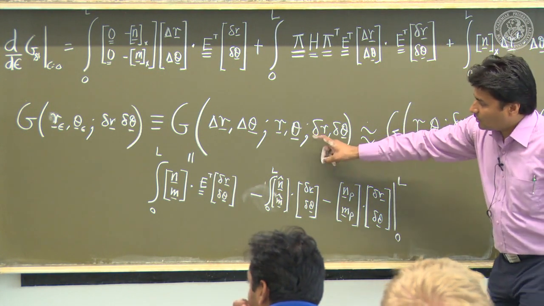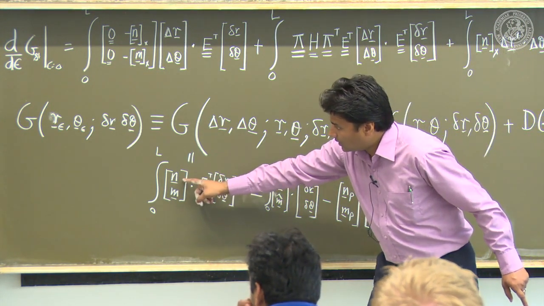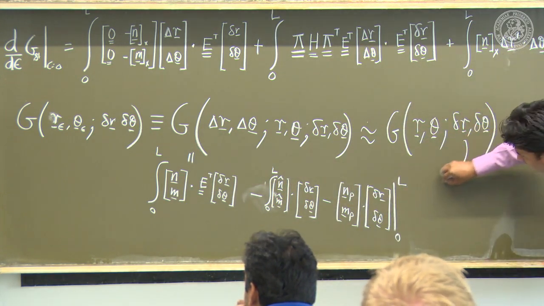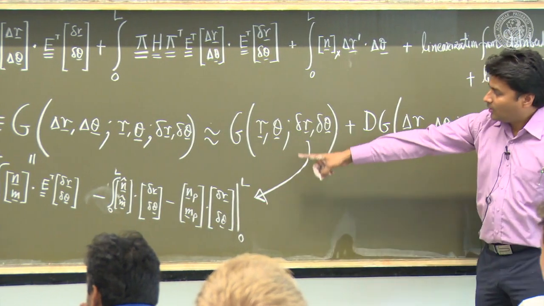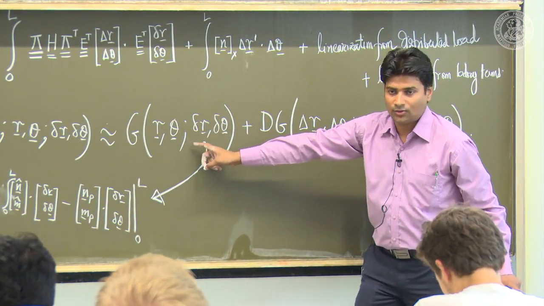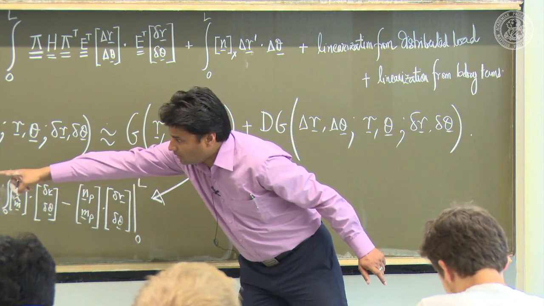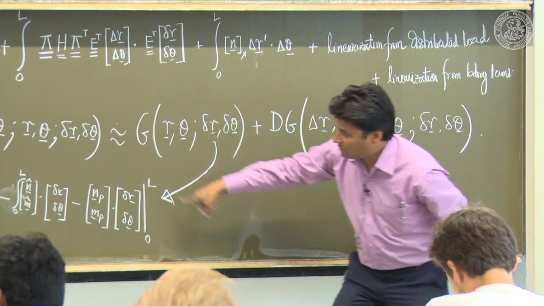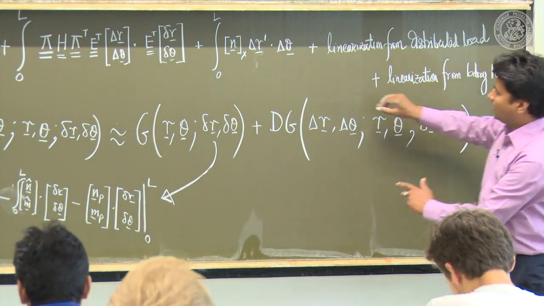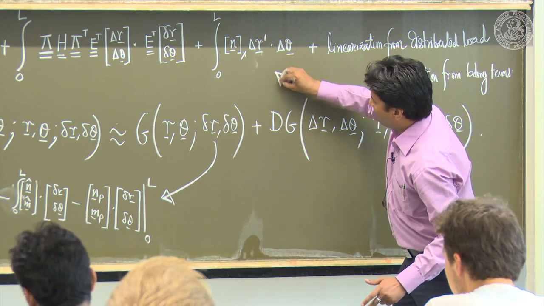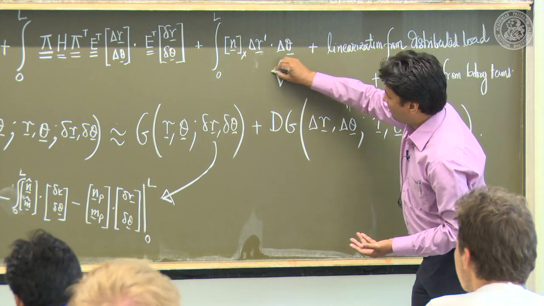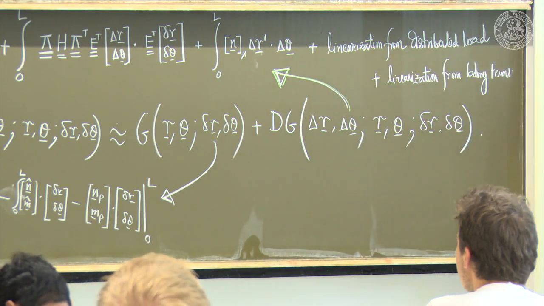So if you want this, you have to get this n and m at epsilon, and the same thing is also, it's the same expression, but at epsilon equal to 0. So this is at epsilon equal to 0. So you will have n without epsilon, but the same expression. And this term over here is this thing on the top, dG.